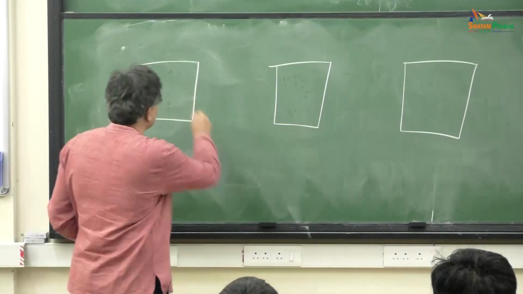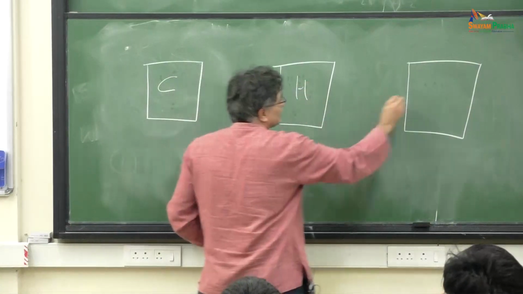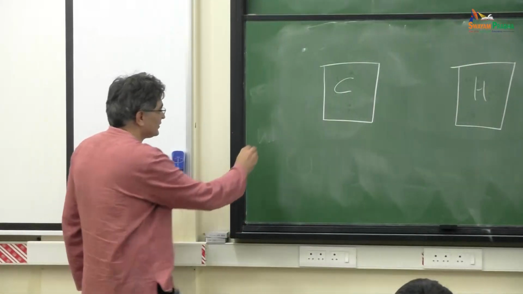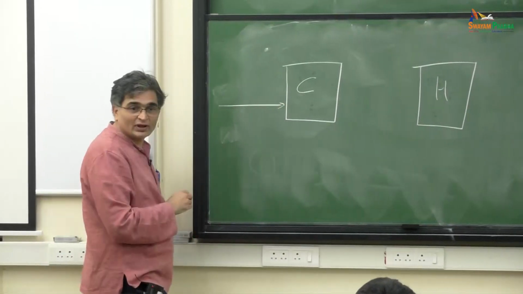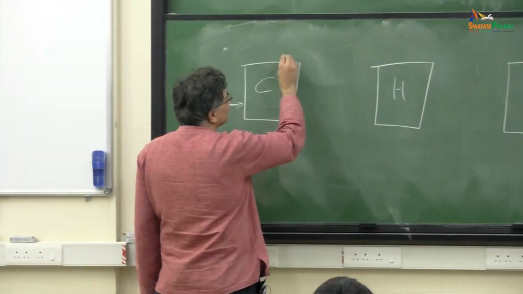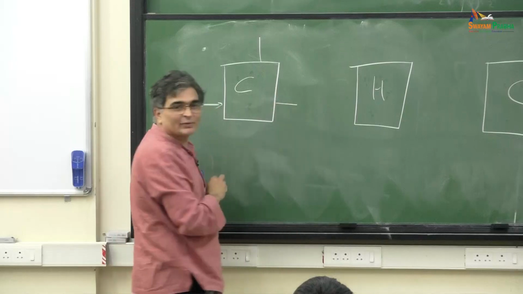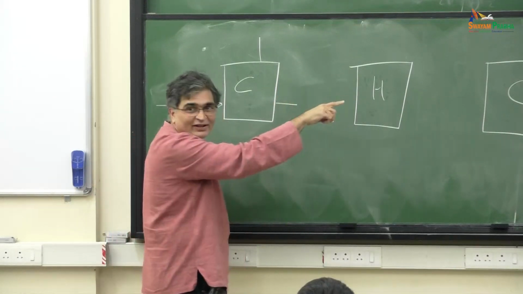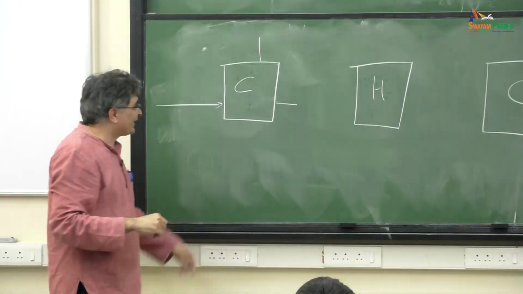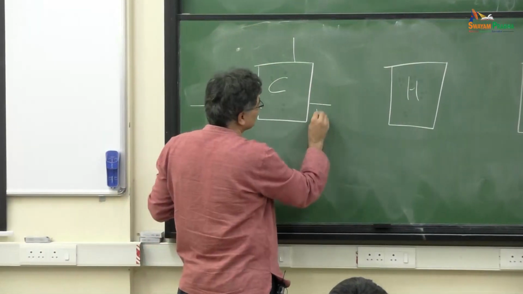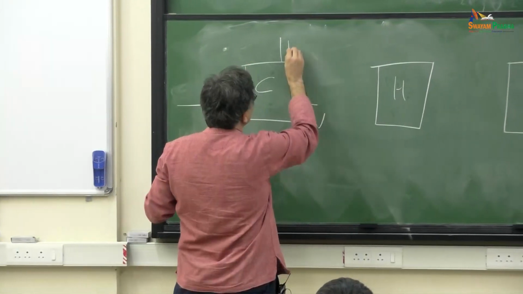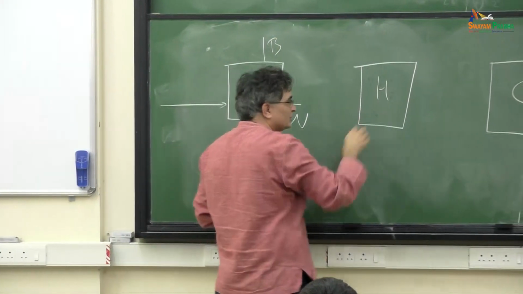So C, H and C, and suppose I take one electron and I insert it, and it exits. Originally my channel was like this, and let me keep that drawing, and let's assume that it is coming from here so that it can enter there.